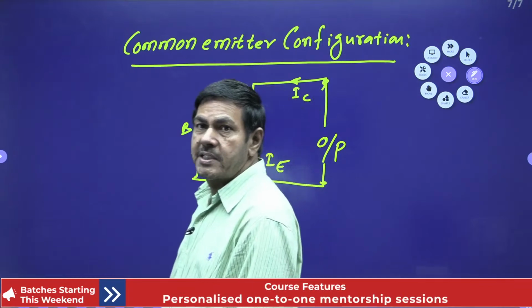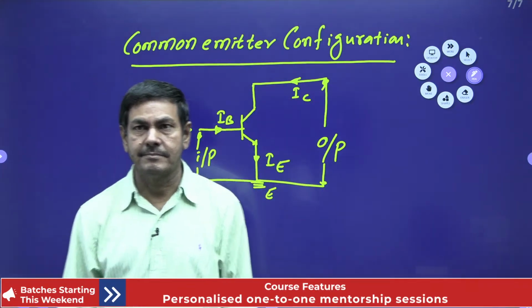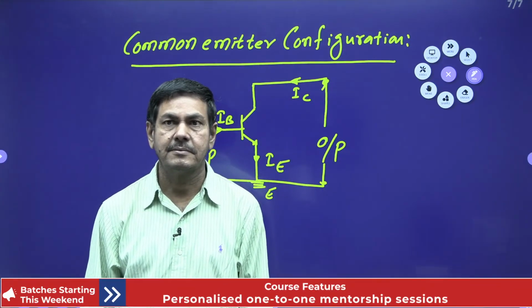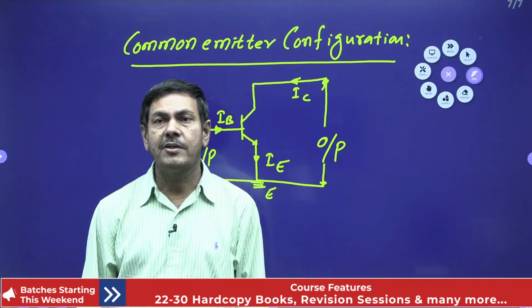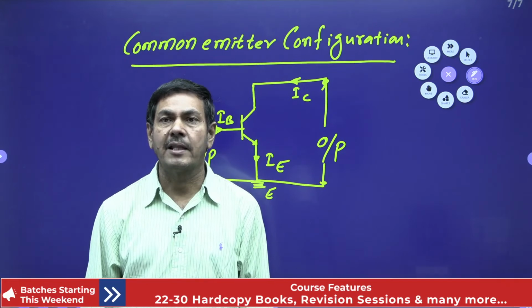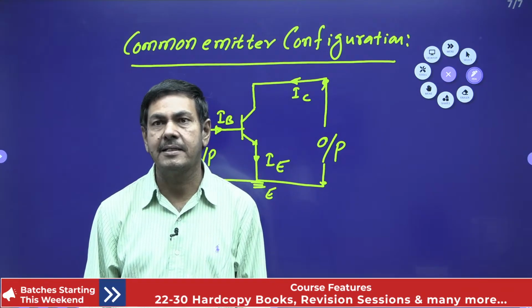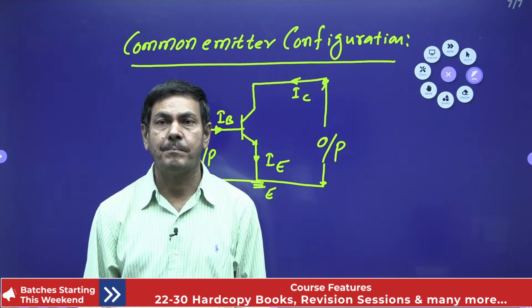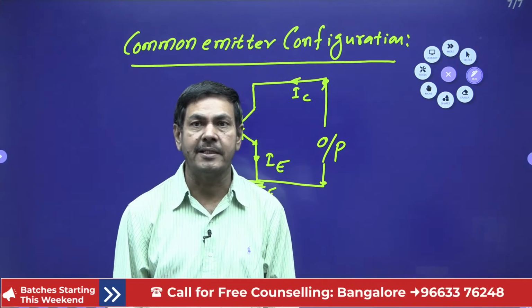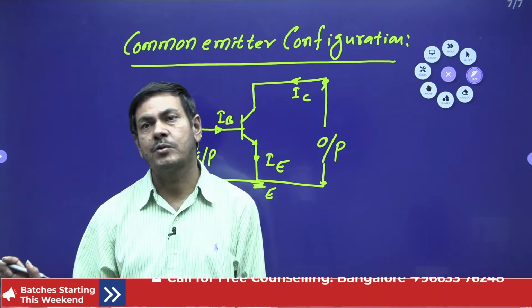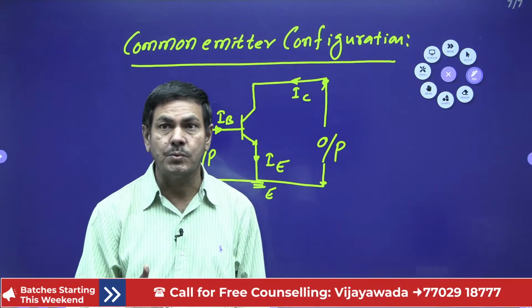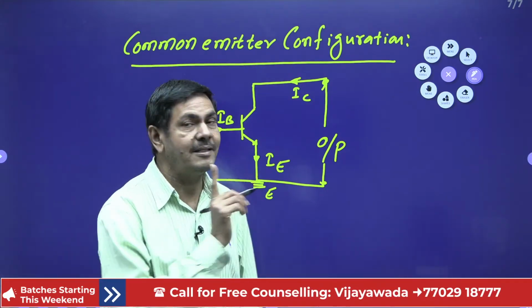When can we use this common emitter configuration? We need to know that application now. Whenever you want voltage gain moderate, current gain moderate, and power gain also moderate, all these three parameters required moderate, you should use the common emitter configuration only.